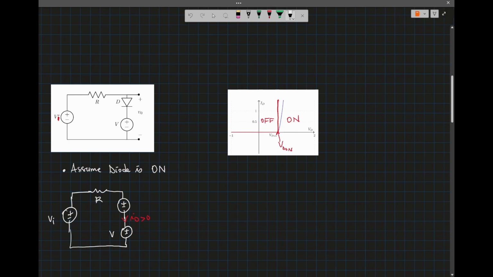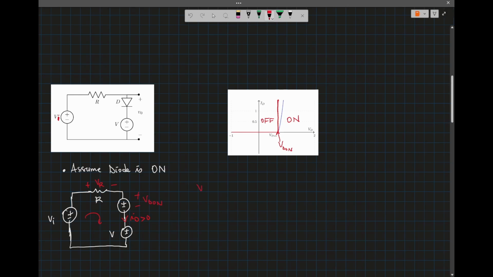So we can write the KVL equation. The voltage across the resistor is VR, and this is VD on.